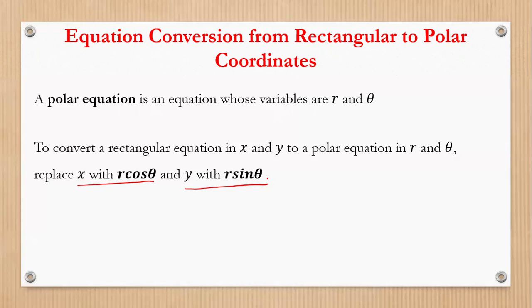So you do some changes to produce these parts, r cosine theta and r sine theta, then you will be able to replace r cosine theta by x, r sine theta by y. Now your equation should be in the polar form or the rectangular form. So it depends on the equation. We will discuss in the examples.